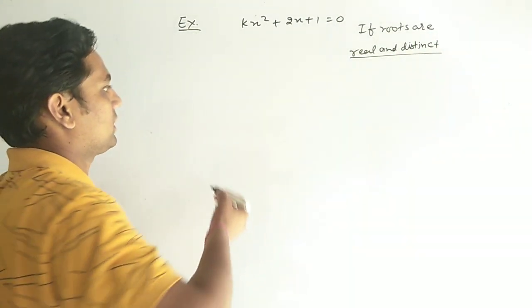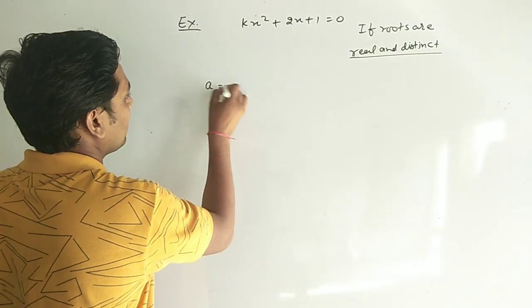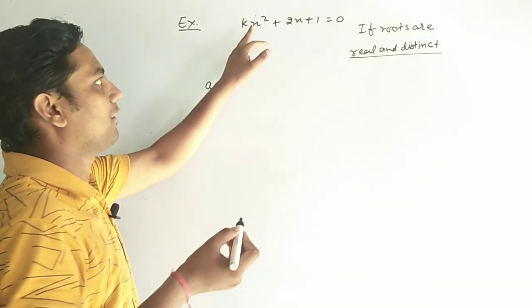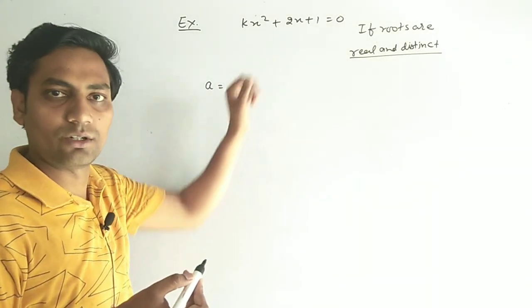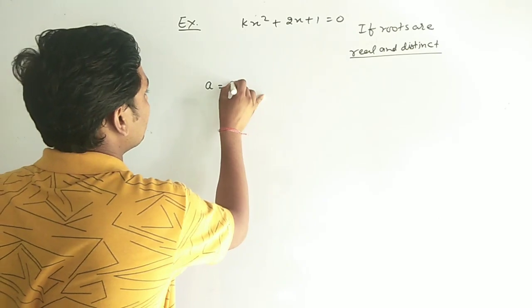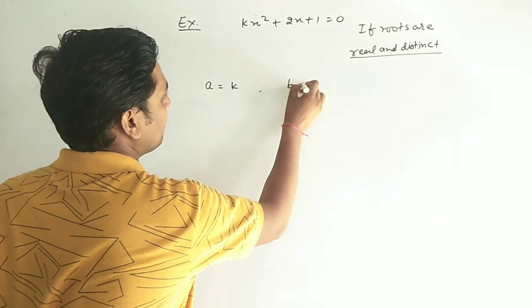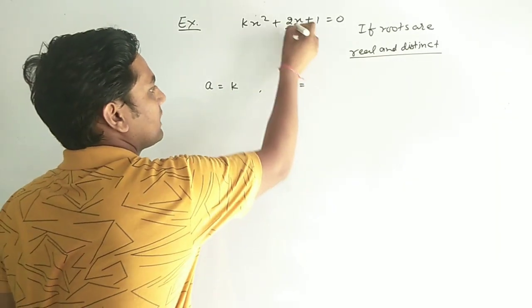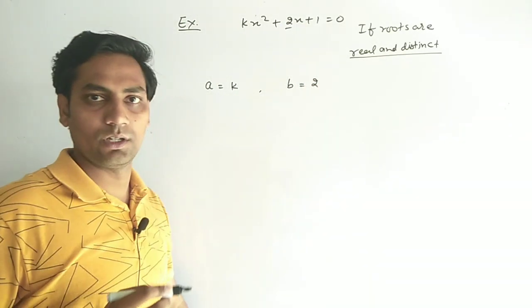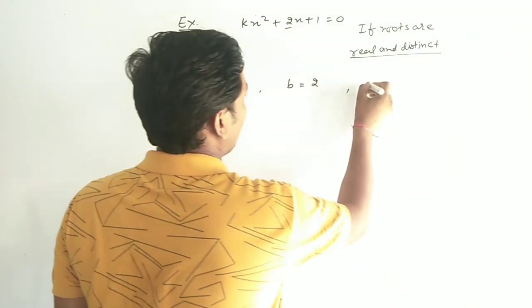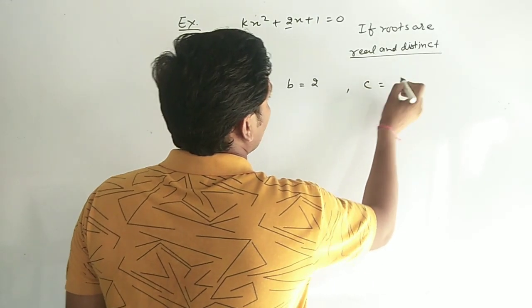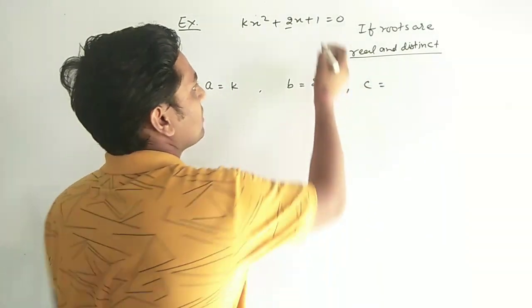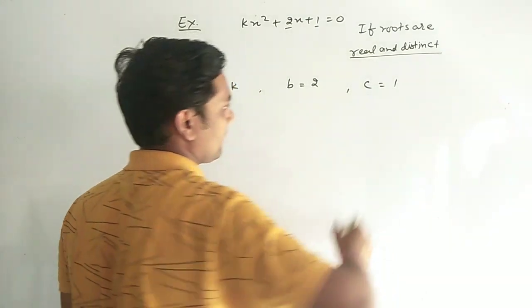So first of all, the value of a is the coefficient of x square, which is k. And the value of b, the coefficient of x, is 2. And third is c, so the value of c is 1.